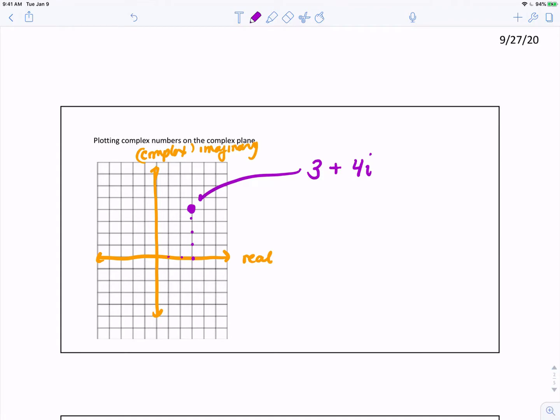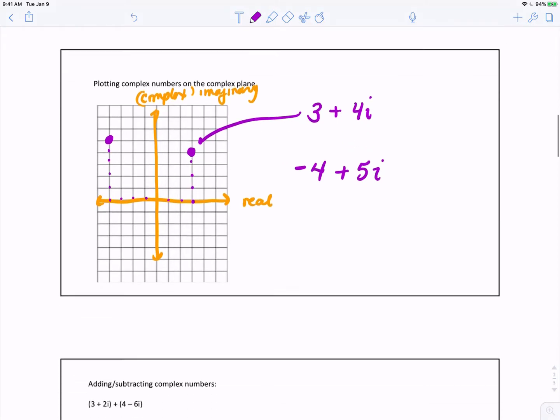Let's graph -4 plus 5i. Again, the real part would be at -4, and the imaginary part would be at +5. So this would be the point -4 plus 5i. And that's all there is to graphing complex numbers in the complex plane.